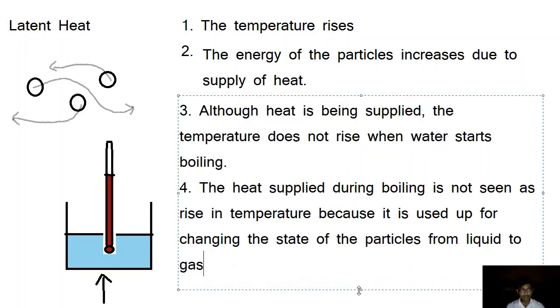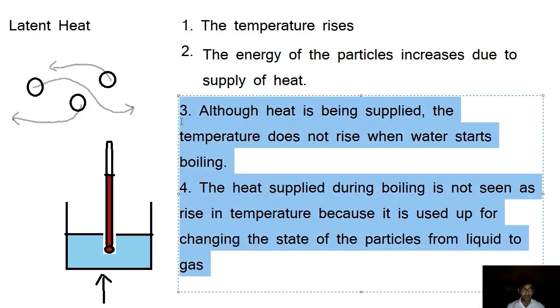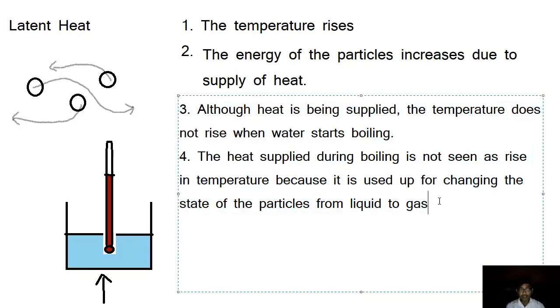So hence we can call it in that way: since this heat is not seen as a rise in temperature in the thermometer, we can say that this is hidden heat. So this heat is not seen, it is hidden. Hidden has another word, that is latent. So we can also call it latent heat, that is hidden heat, because it cannot be seen as rise in temperature.